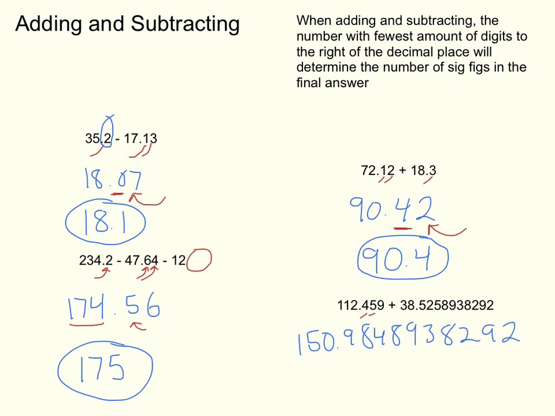There are only 3 digits after the decimal place here, and here there are a whole bunch. So we're limited to 3. So we're going to count 1, 2, 3, and we're going to use this next number in line to round. So our new and final answer is going to be 150.98, and that 8 rounds that 4 up. So 150.985, and that is our final answer.